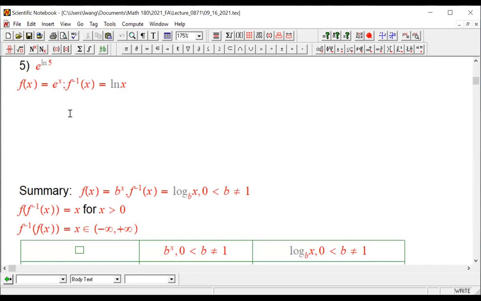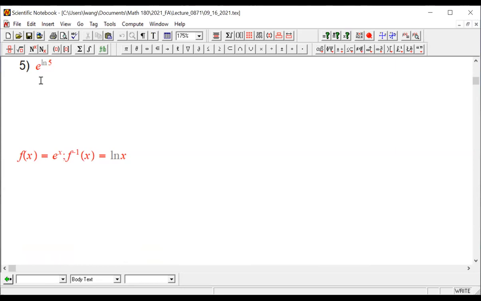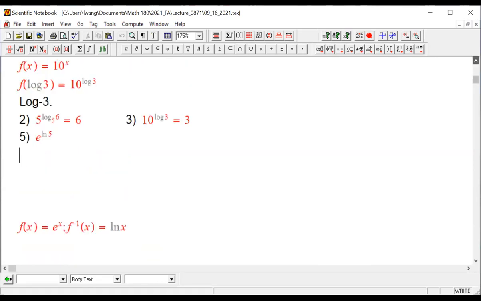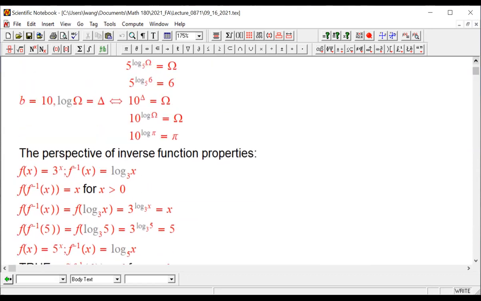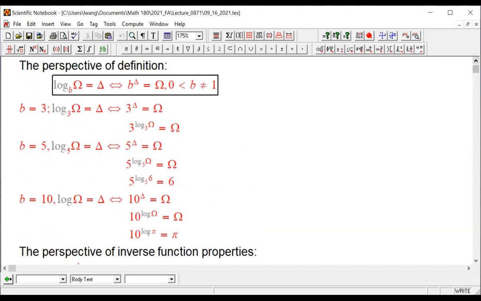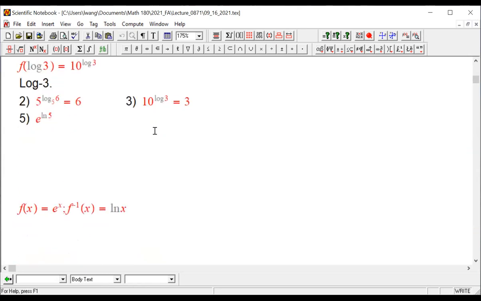Now, two perspectives I want to give you. You should master at least one of them. From the definition of the logarithm, what's the definition of logarithm? I'm just going to copy and paste along the way, so you get to watch the thing we just did.